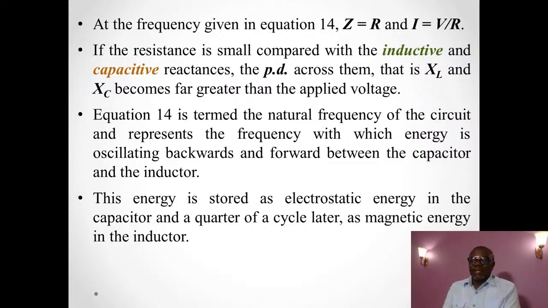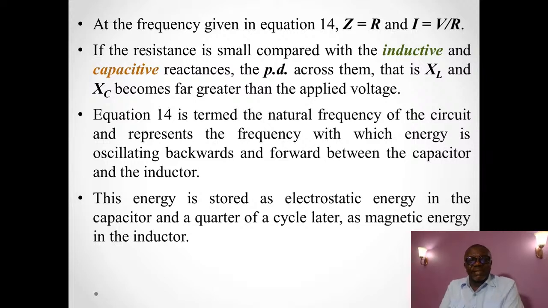So we say at the condition where equation 14 exists, the impedance is equal to the resistance, and I will be equal to V over R.